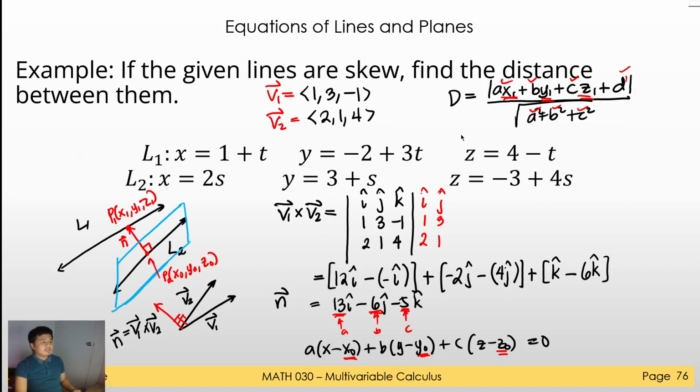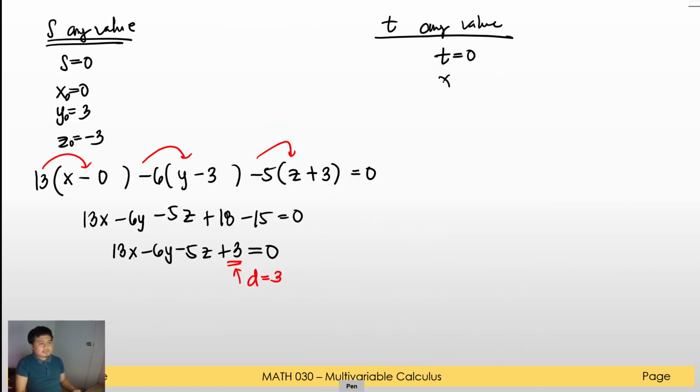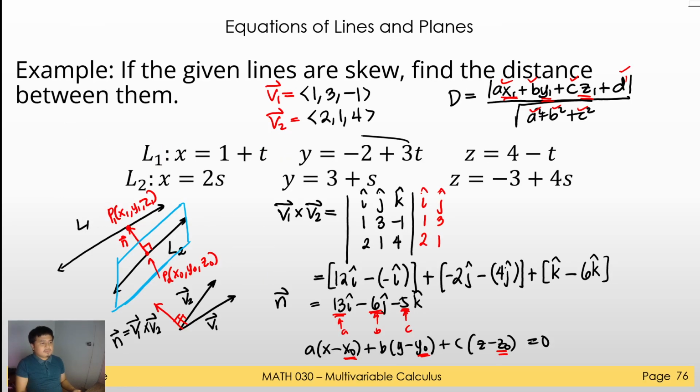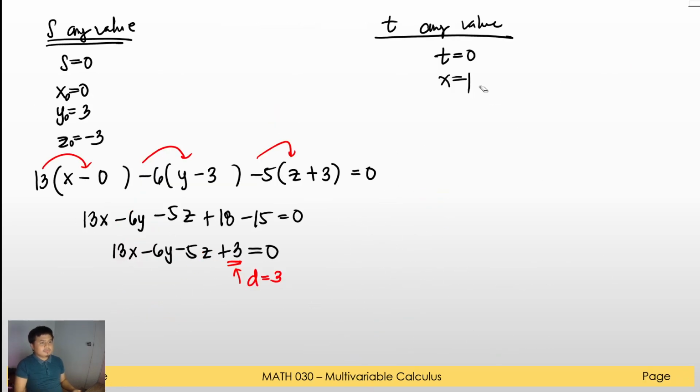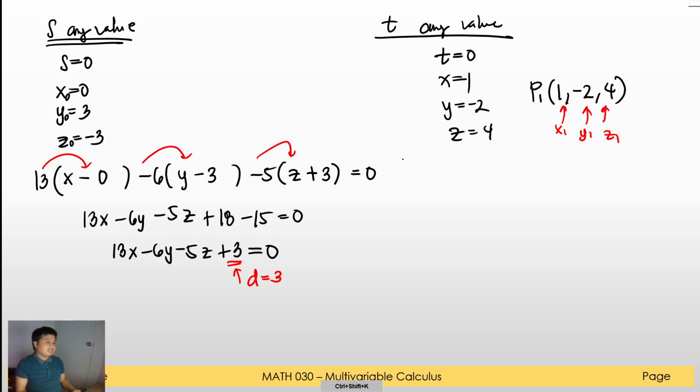So if t is equal to 0, then x is equal to 1. Same goes for y, so -2, and then z is equal to 4. So therefore, we have this P1. The P1 here is 1, -2, and 4. So this will be your x1, y1, and z1.